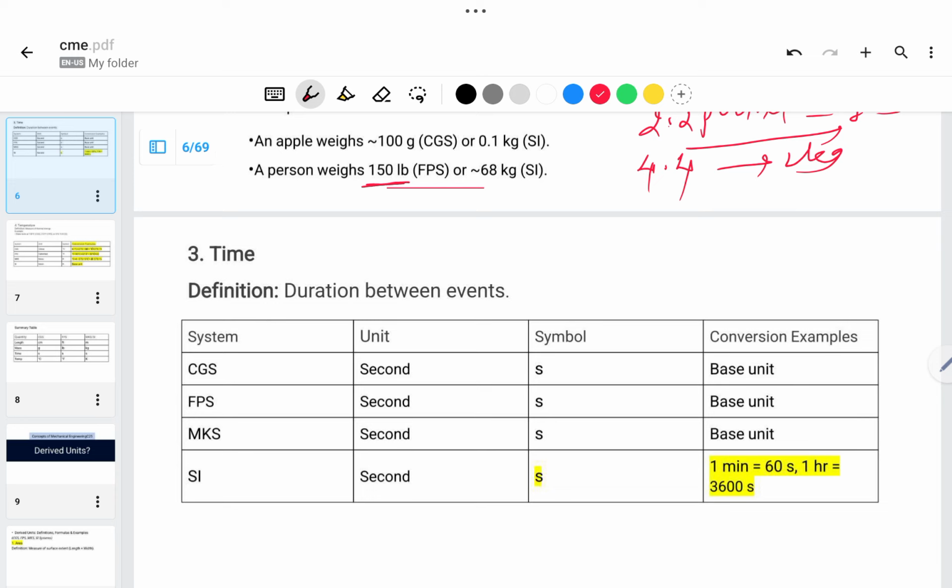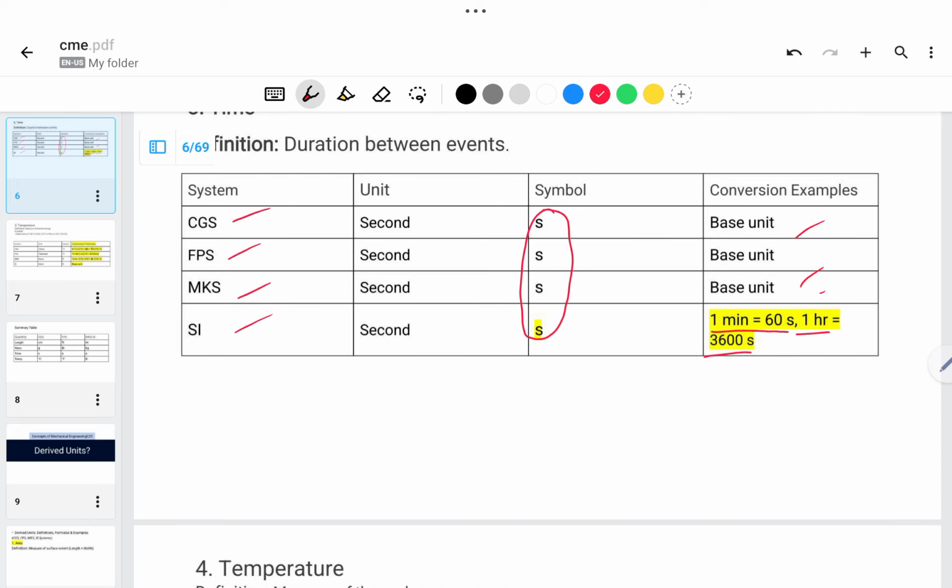The time is the same in all the systems. In the 3 systems, the time will be the same. But you need to remember 1 minute is always 60 seconds, and in 1 hour there will be 60 minutes.